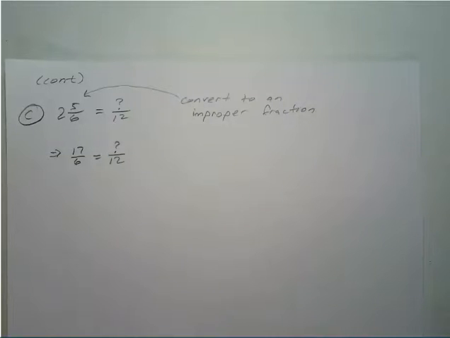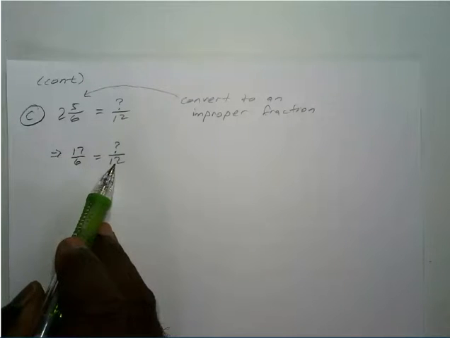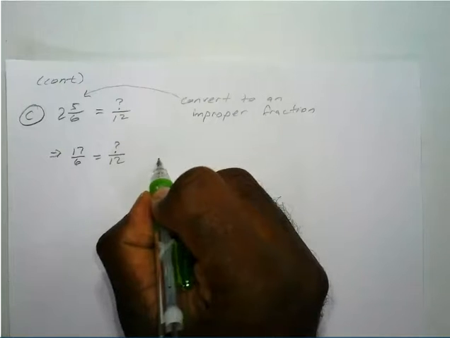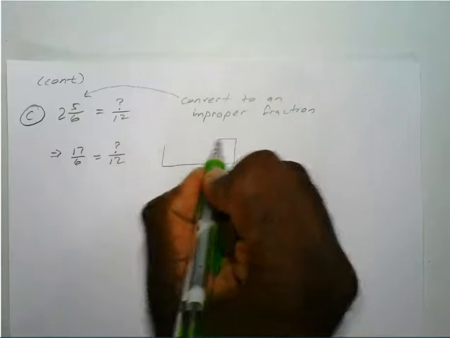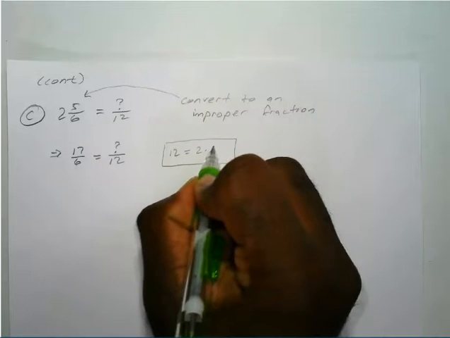Okay, and just like before, we factor the denominator of our unknown so that at least one of those factors matches this side. So that means we have 12 is equal to 2 times 6.